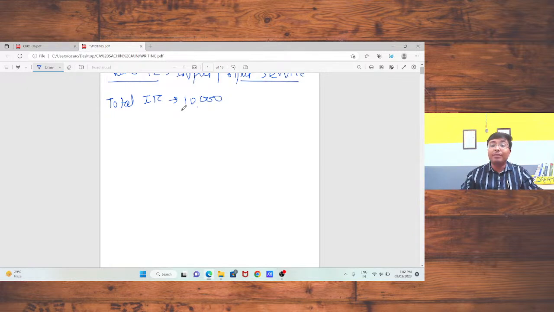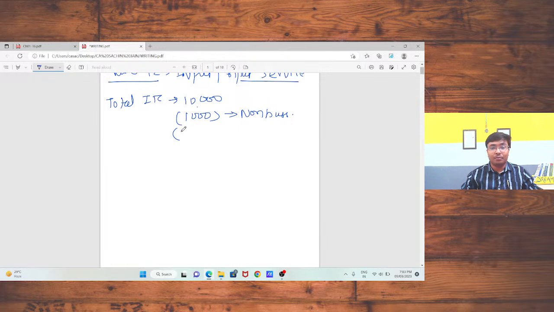Now from that input tax credit, just suppose 1,000 rupees is related to your non-business purpose. That means on that input tax credit you are not eligible, because you used those inward supplies for your personal consumption, not for your business purpose. So you need to deduct the same.